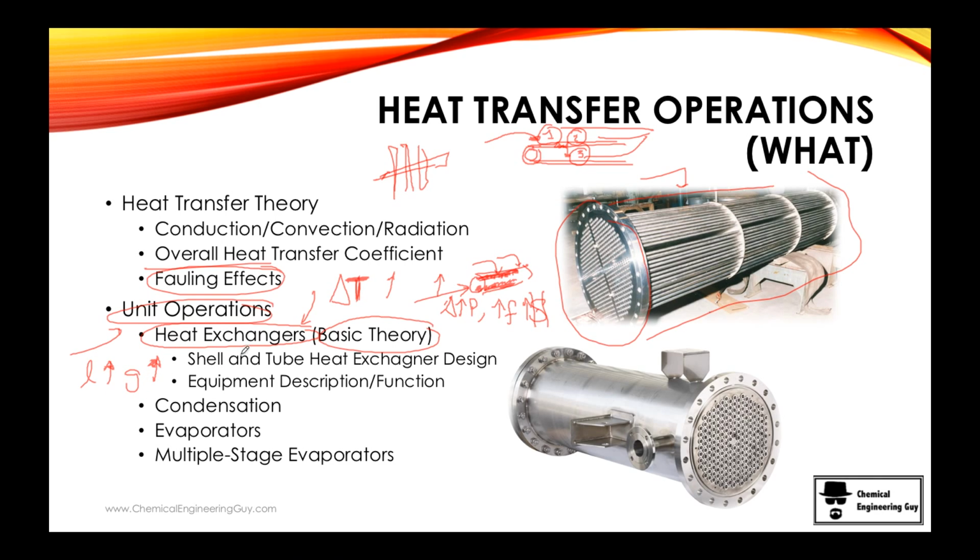So we have plenty of equipment, but the most common one and typical one is the shell and tube heat exchanger, which is this one right here and this one right here. This one has no shell, and this one has a shell already installed. Now we then pass to the equipment and how do they work.